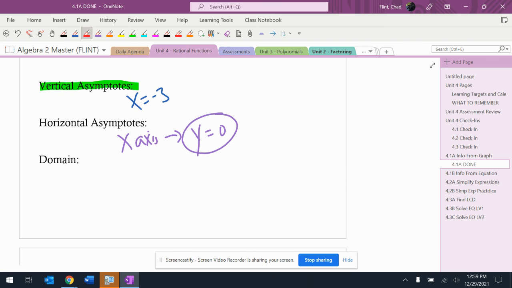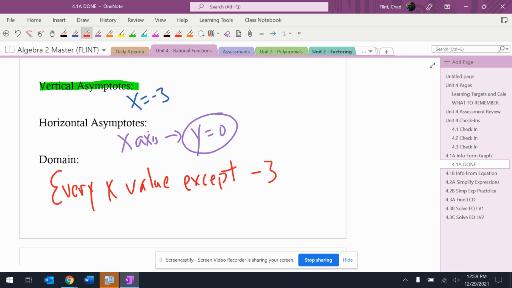So the domain, it's weird sometimes how this gets written. How I personally would write this is every x value except -3.